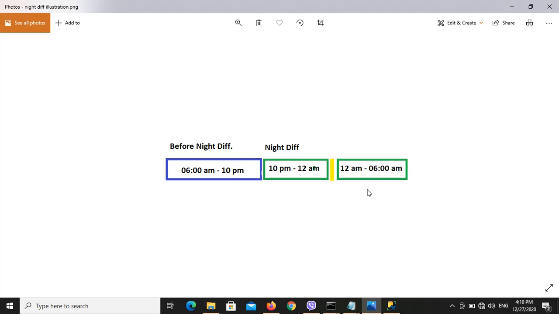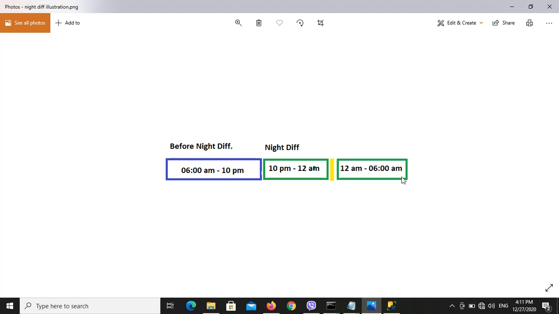So therefore, it's very important to segregate the hours before 12 midnight, from 10 p.m. to 12 a.m. Although this green already covers the whole night differential, it's also important to segregate because the rate of a night shift in a regular day is different from a night shift differential on a special holiday or a regular holiday, and of course the double holiday.